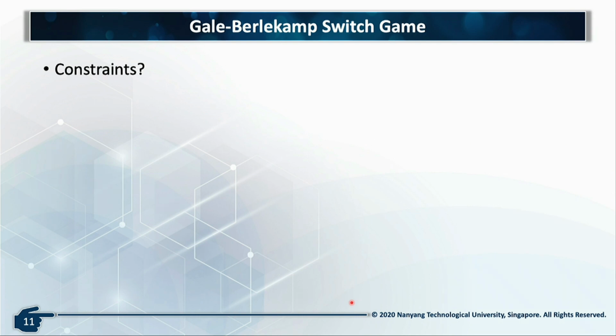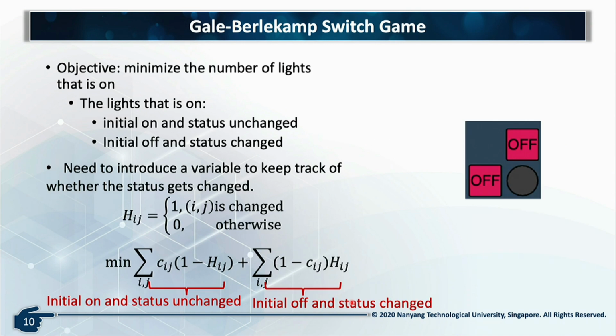However, remember that we have introduced an auxiliary set of the decision variable Hij to facilitate the formulation of our objective. And we know that this Hij is to keep track of whether the status gets changed or not. This is affected by our decision, our action, right?